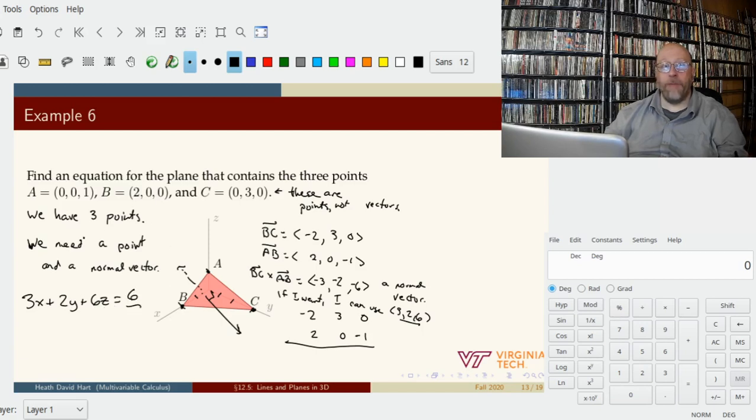If I plug in B, I'll be plugging in 2, 0, 0, and 3 times 2 is 6. And if I plug in C, I get 0, 3, 0, and 0 plus 6 plus 0 is 6. And so all 3 points gave the same answer. That should be the case if you've done everything correctly. Okay?